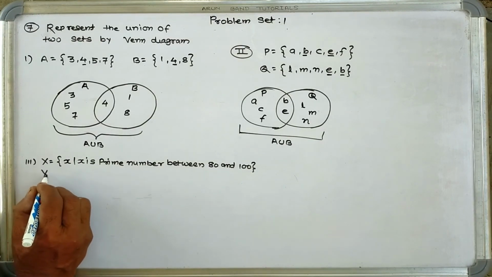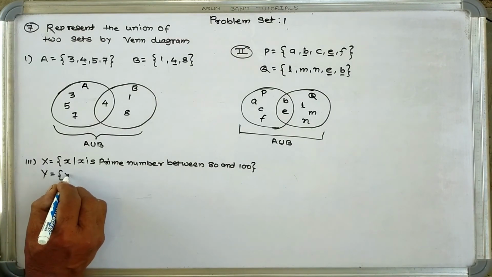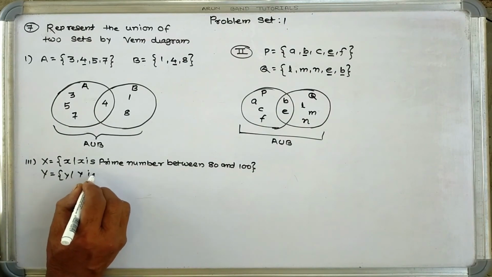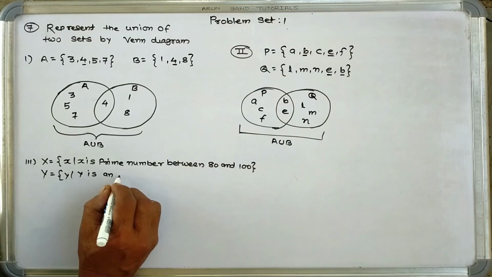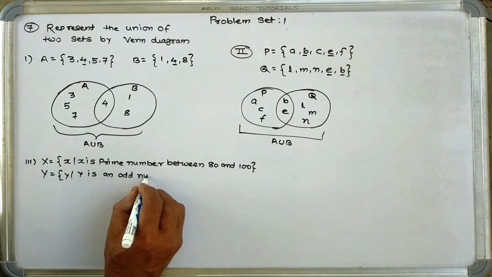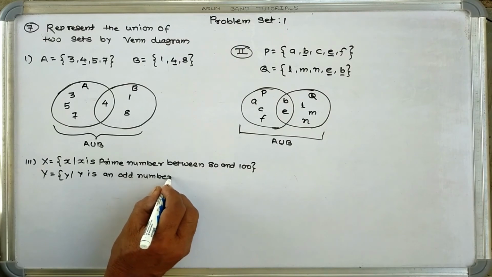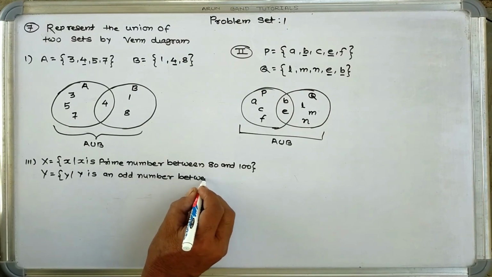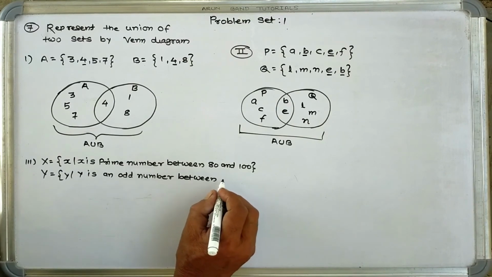Then Y is a set of all Y such that Y is an odd number between 90 and 100.